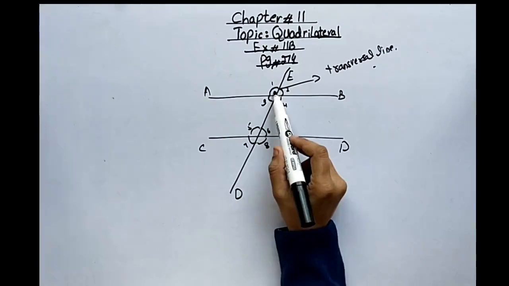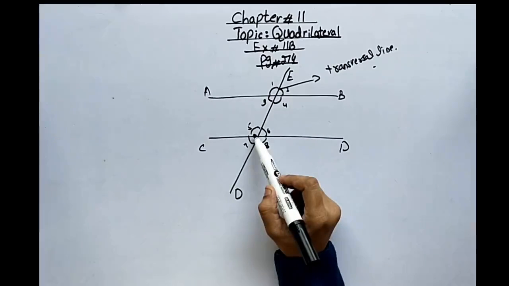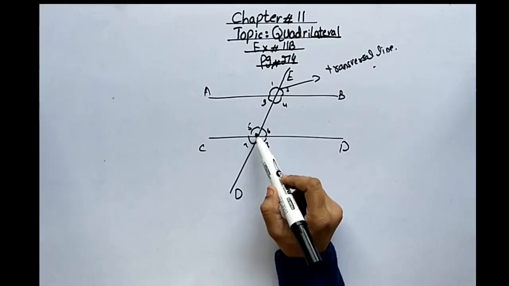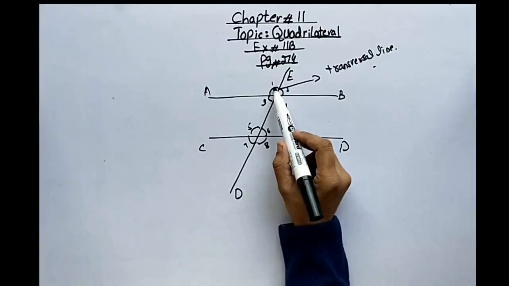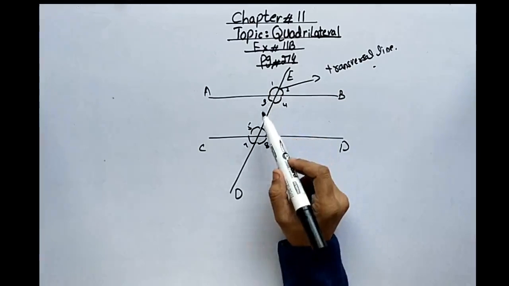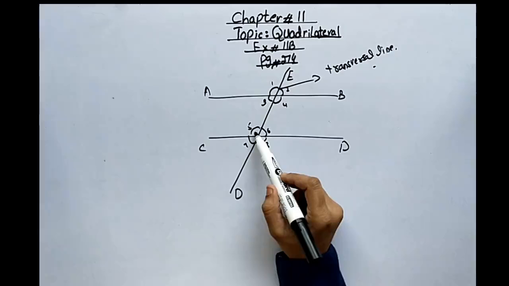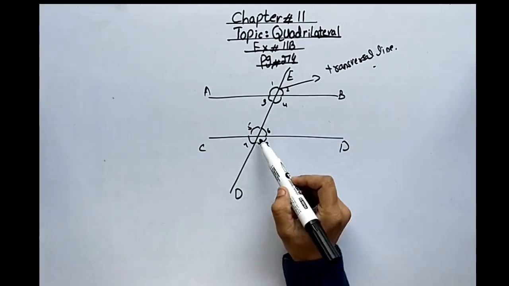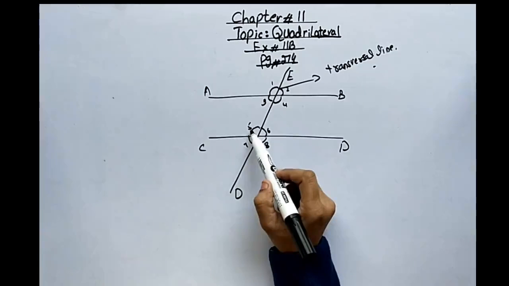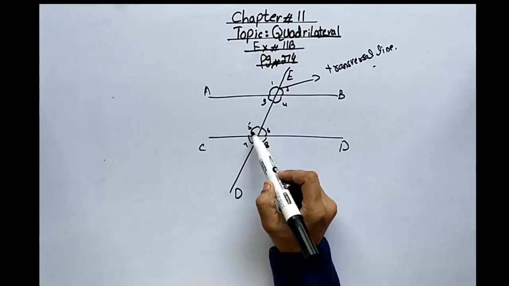The one exterior angle and, on the other side, one interior angle must be equal, and they are called corresponding angles. So angle 1 is an exterior angle, then on the same side, the 5 is called an interior angle.